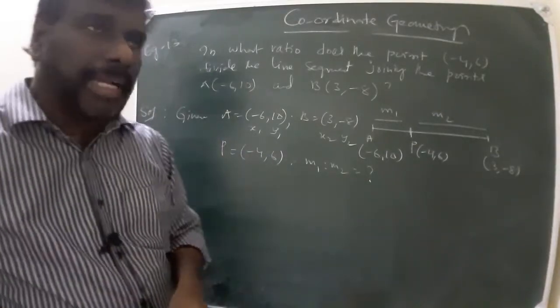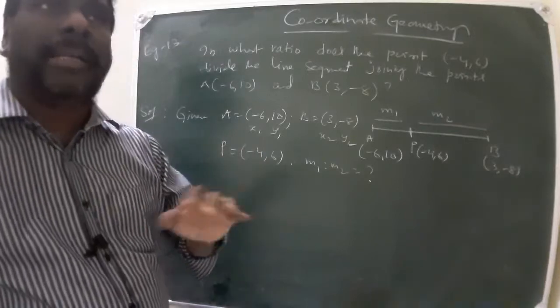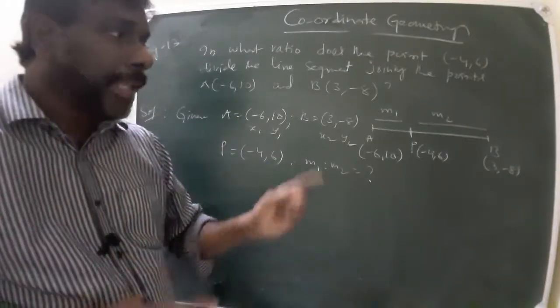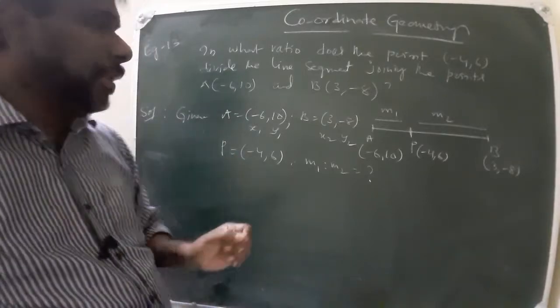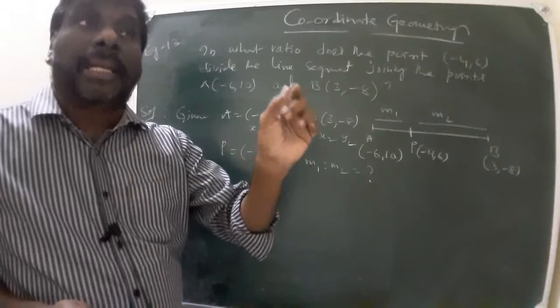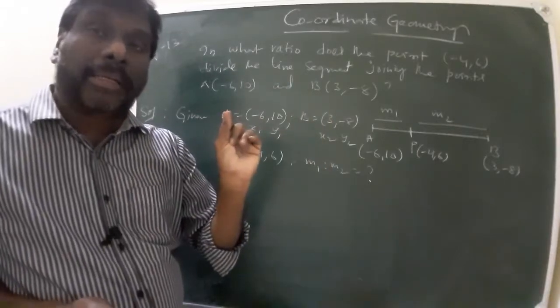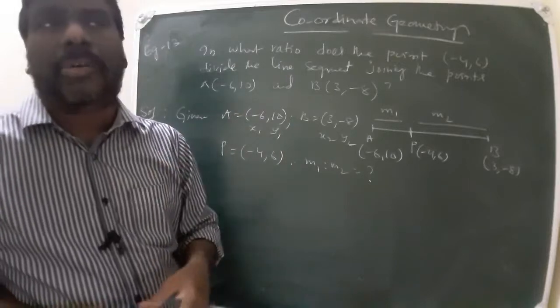If you want to find the internally dividing point, you use the whole formula. But here, if you want to find only the ratio, you don't need the full formula. You can use the internally dividing point's x coordinate formula or y coordinate formula. Any one of the coordinates you can take.